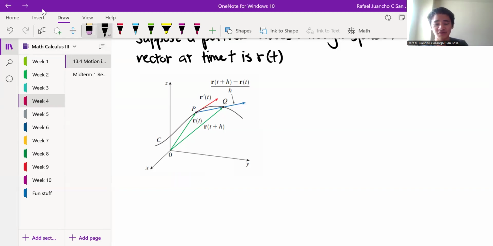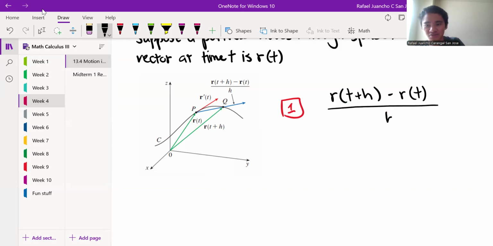So that's a mathematical way of looking at, if I'm not mistaken, the direction of the particle. So that's actually our first definition here. We're going to be looking at r of t plus h minus r of t, over h.